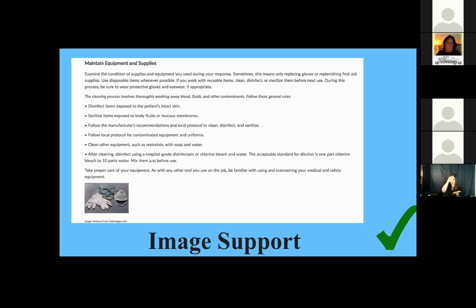And so one of the things that is super important is that we provide them, this example right here, is sort of like a small image, but the point that I wanted to make with this is we're talking about equipment and supplies. There's a picture of equipment and supplies. Students are going to be making a connection.